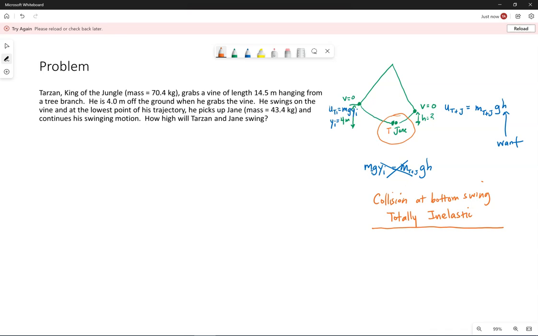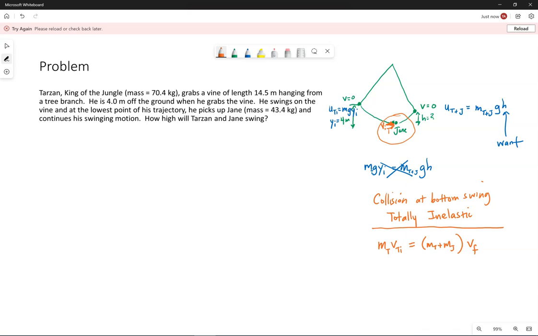But we do know that momentum is always conserved in a collision, regardless of the type of collision. So we can say that the mass of Tarzan times Tarzan's initial speed, right down here at the bottom, how fast he's traveling right before he picks up Jane. Totally inelastic means they're moving together.